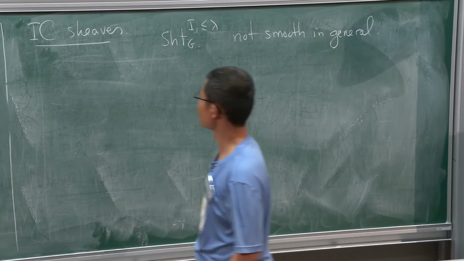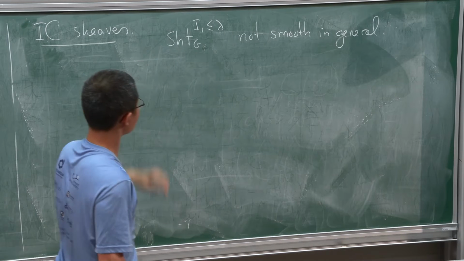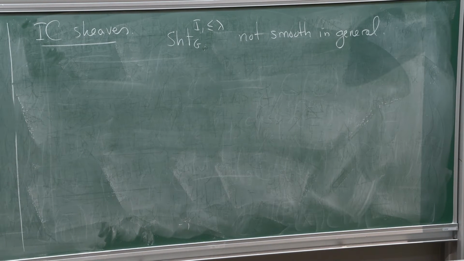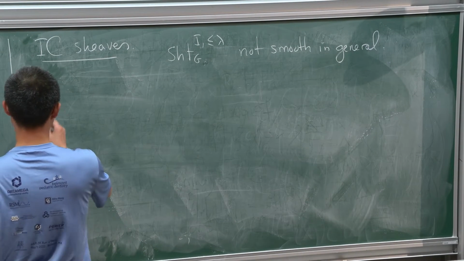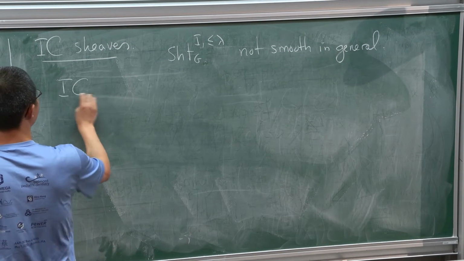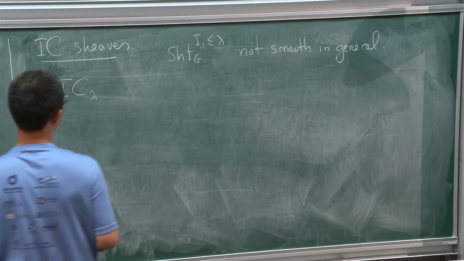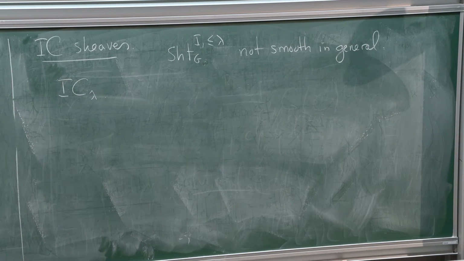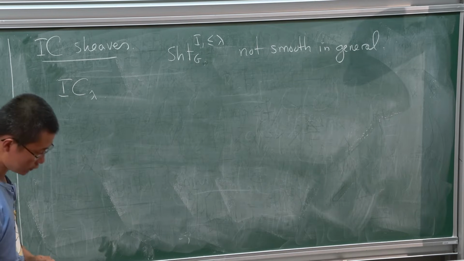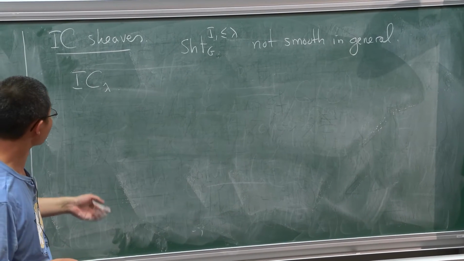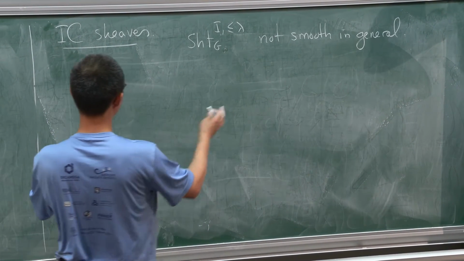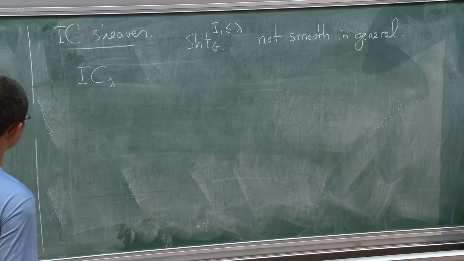So the natural cohomology to consider is intersection cohomology. I'll use IC lambda to denote the intersection cohomology sheaf on many different spaces, unfortunately. But they are all related, they are all smooth locally the same.